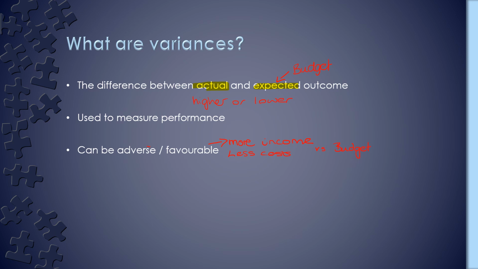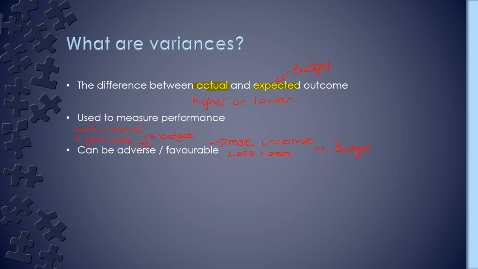Your adverse variances then are the opposite. These are where we haven't done quite so well. So this is less income than we expected or higher costs. The budget would be saying one thing and we'd either have less income than we budgeted or higher costs than we budgeted.